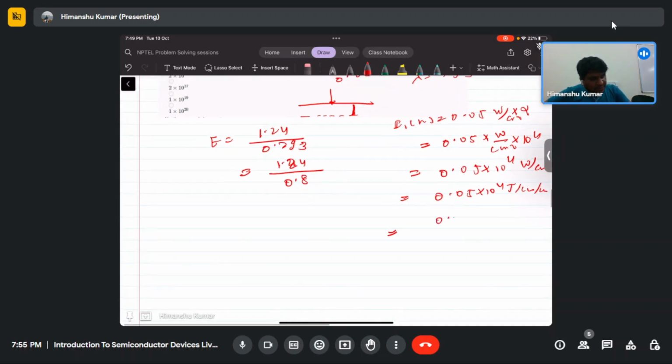This is in electron volt. To convert into joule you need to multiply by 1.6 into 10 power minus 19.